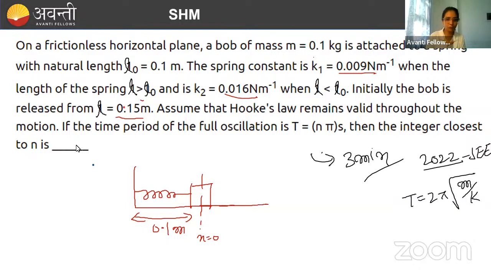At time t equal to 0, what is happening? We are extending this spring by what distance? We have taken it in this direction, because we are stretching it, we won't move the block in this direction. So by how much distance we have taken it up there, that distance is our 0.15 meter. So this is 0.15 meter. Now what will happen?